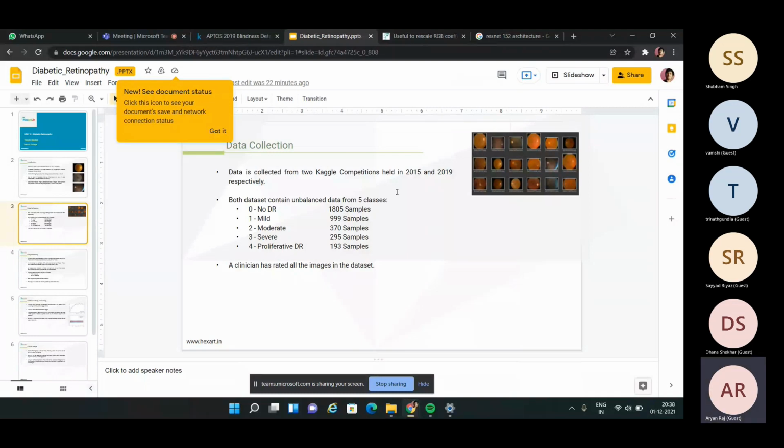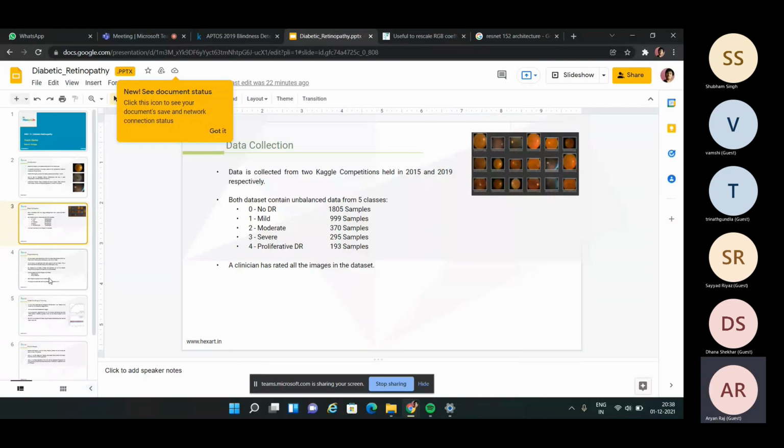Proliferative DR means the disease is at its peak stage: oxygen supply through the blood vessels in our eye stops, which results in damage to our retina and gel-like fluid coming into our eyes, which is a very serious problem.